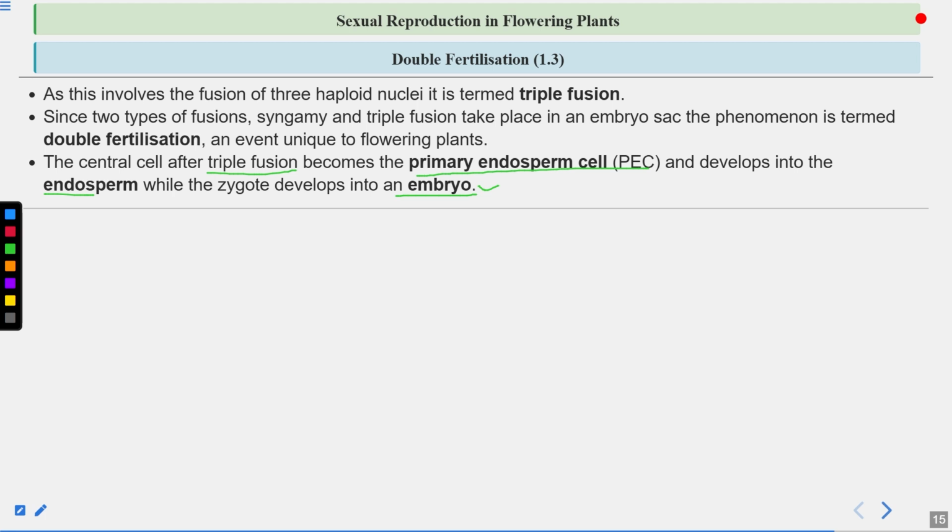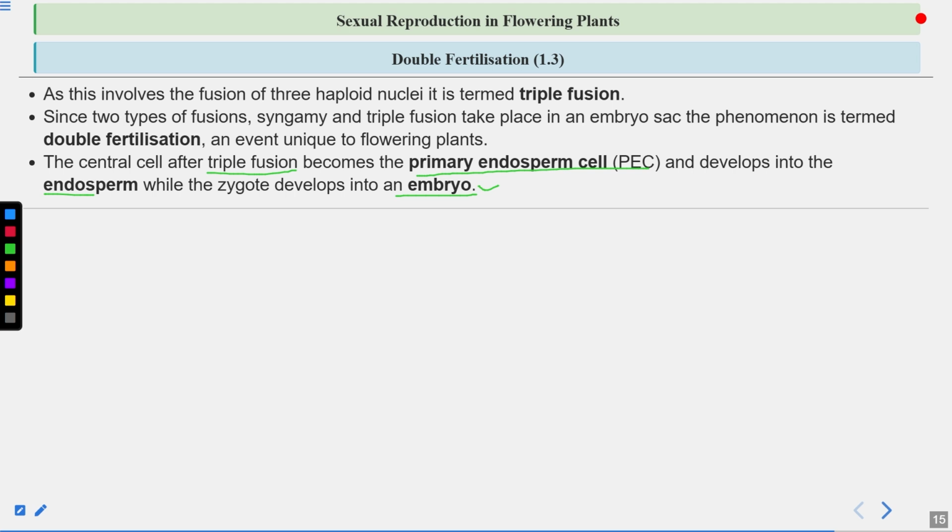So, first of all, the endosperm will form and later on the embryo will form. You can ask why? Because the formation of the embryo requires nourishment. When the endosperm forms, the nourishment will come from the endosperm.